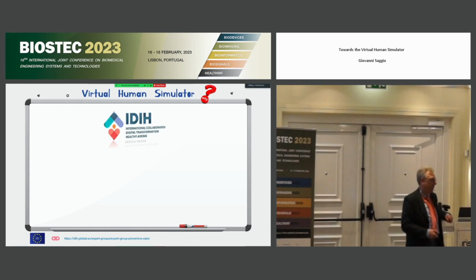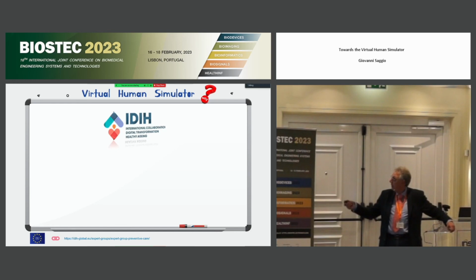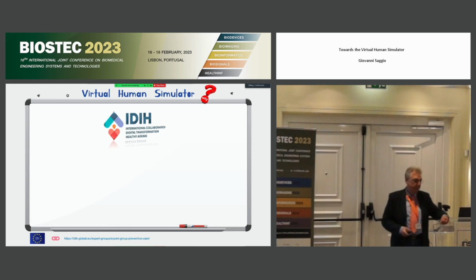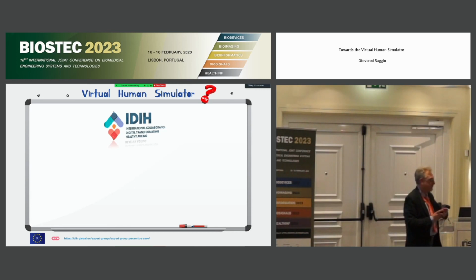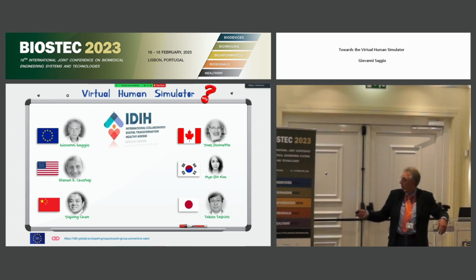There is a group that the European countries wanted. This group is named IDIH, International Collaboration Digital Transformation Health Aging. This group comes from a European project, but involves all the world. In particular, there are people from the United States, from China, from Canada, from Korea, from Japan.